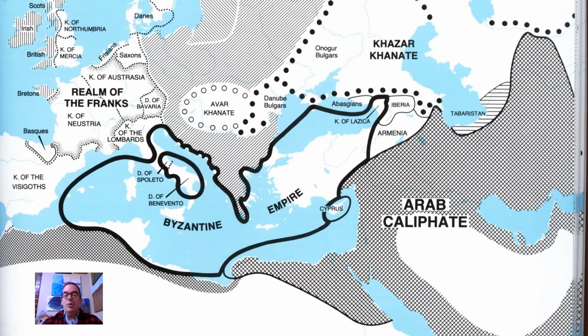And then what you've got on this map shows you some of the Byzantine Empire, and then you've got the Arab Caliphate taking this massive territory up and down the Arab Peninsula. You've got Egypt being taken. You've got North Africa being taken. In 711, a very easy date to remember, they will invade Spain and take over parts of Spain.